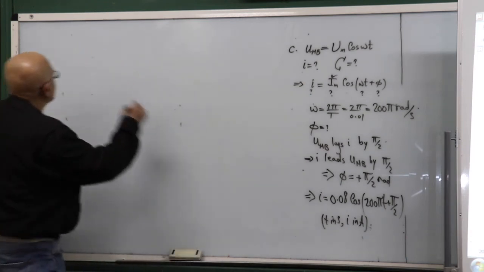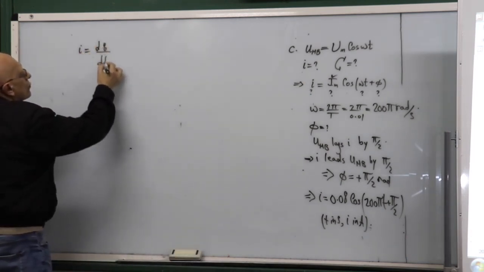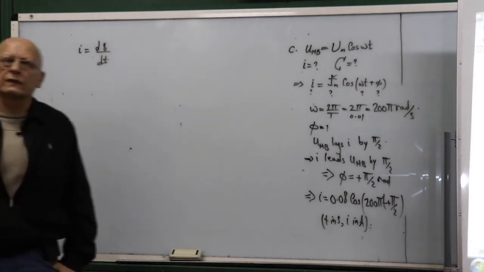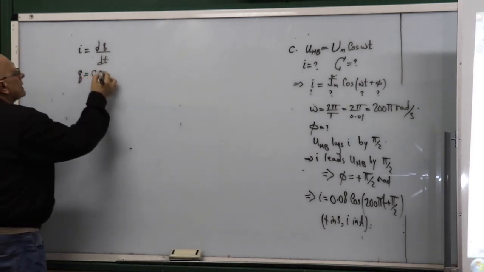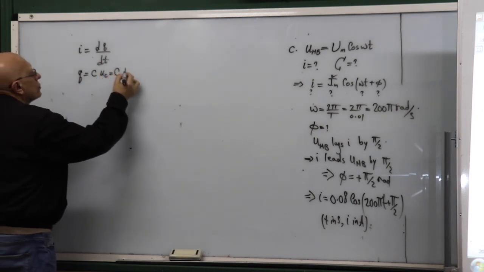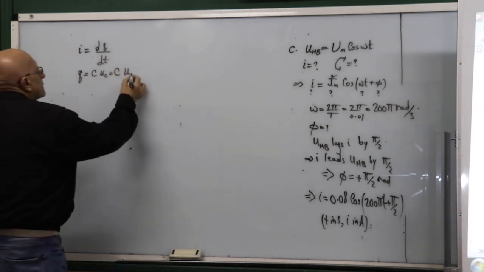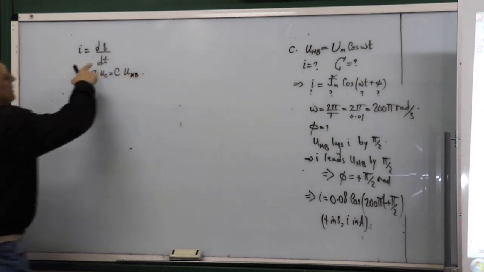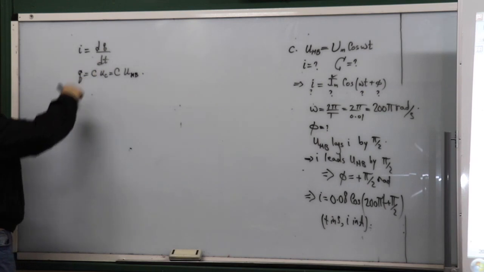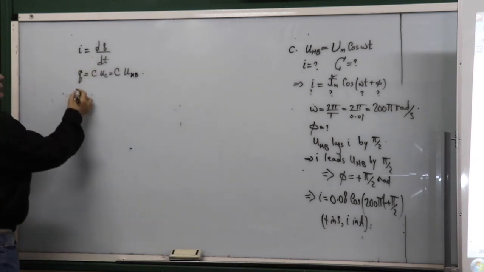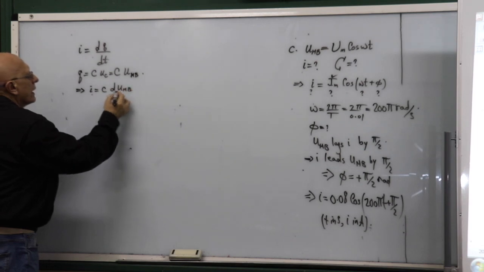We studied that I is equal to dq over dt, and dq is equal to C dUC, or C dUMB. Substitute in the formula. This means I want to differentiate q. You get here I equal C dUMB over dt.